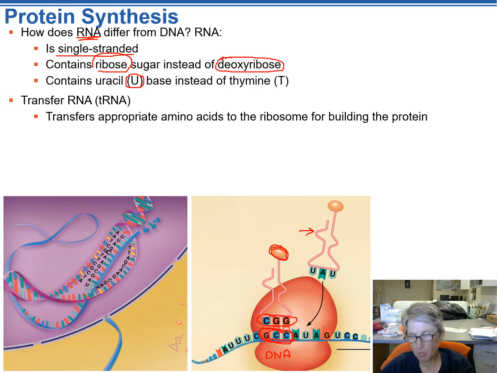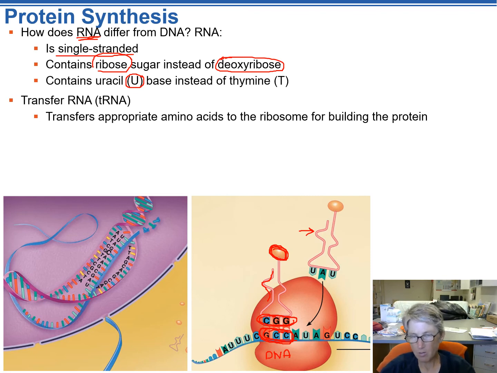The messenger RNA has the triplet codon. The transfer RNA, the bent hanger, has the anticodon sequence that will recognize the codon sequence. And then this amino acid will begin synthesis of your polypeptide or protein.